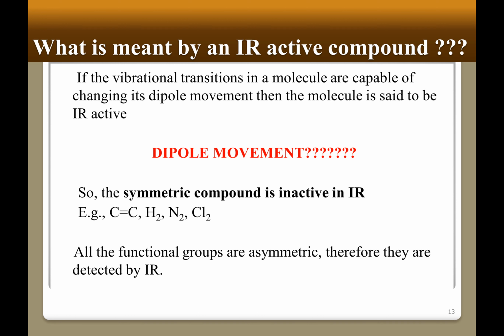Now, in symmetrical molecules, you don't get dipole moments, like in ethylene, or in H2, nitrogen, or chlorine molecules, because the dipoles exactly cancel each other and they are inactive. You don't see bands. But all functional groups are asymmetric, therefore they are detected by IR.